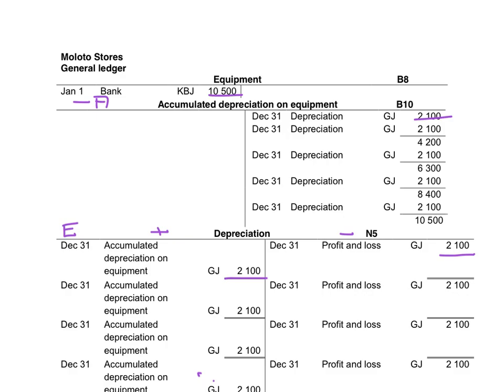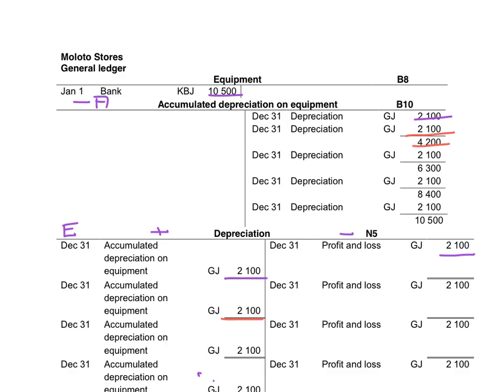In the second year, we will write off depreciation again to increase my expenses. In my double entry, I increase accumulated depreciation with 2,100, add the two together, and I see that the accumulated depreciation at the end of the second year is 4,200. So in the balance sheet at the end of the second year, I will say that equipment cost 10,500 minus 4,200, so it's actually worth 6,300 Rand.